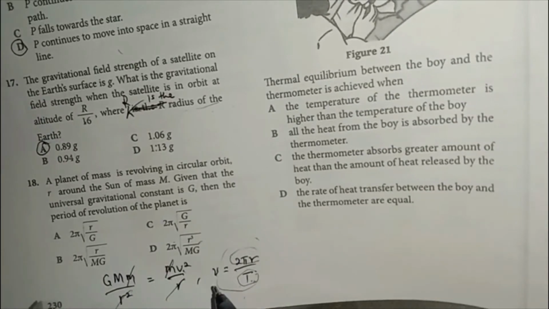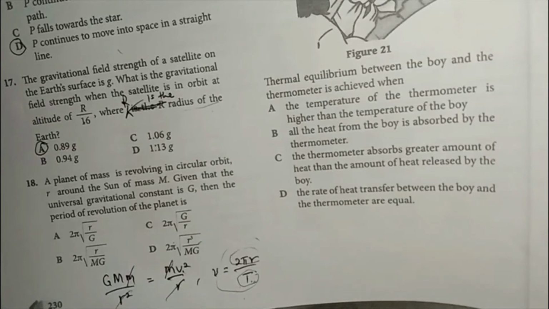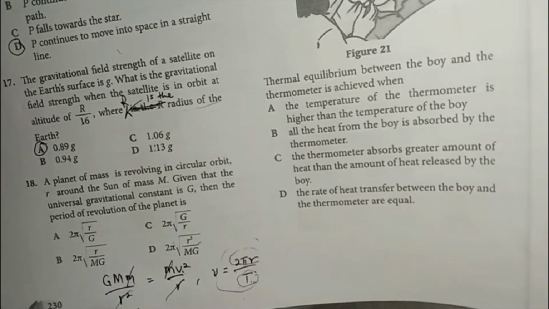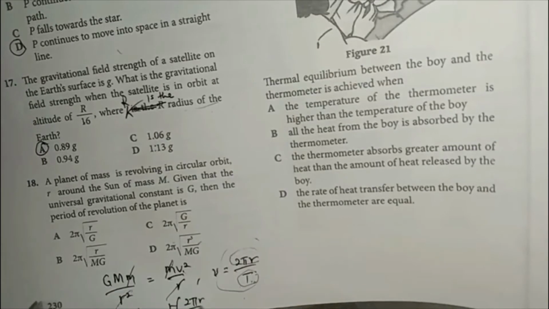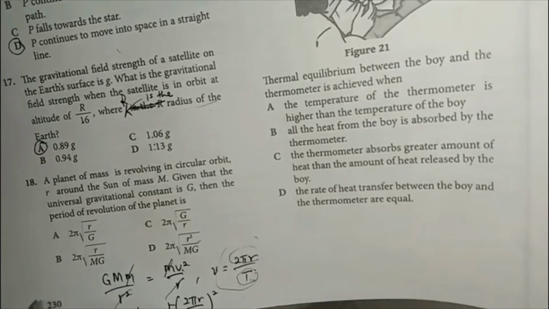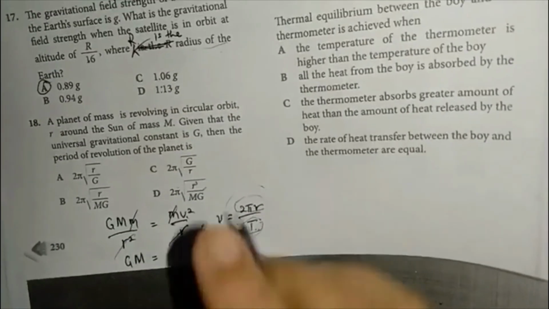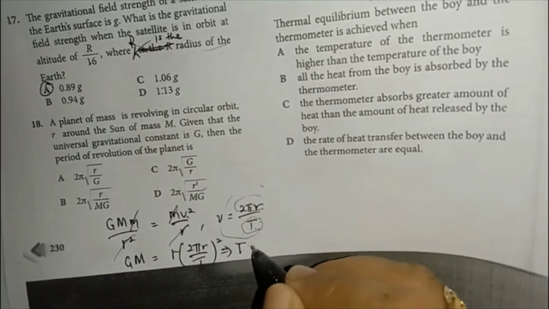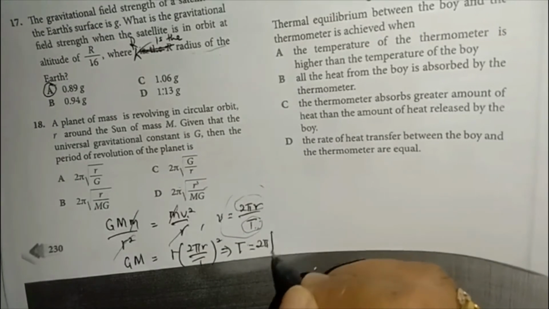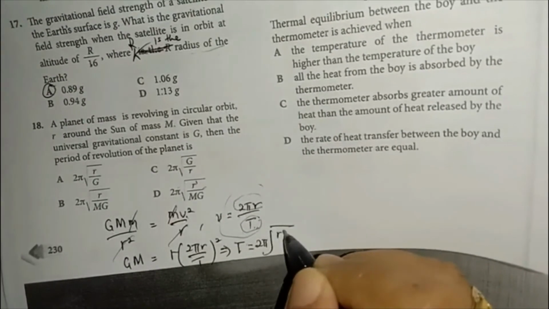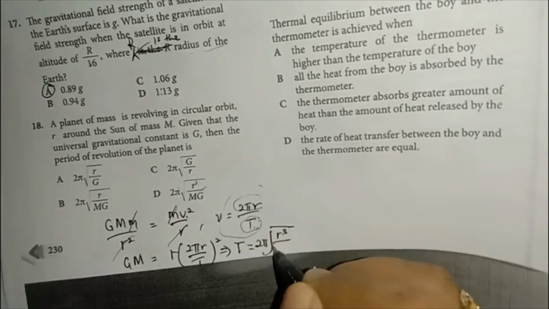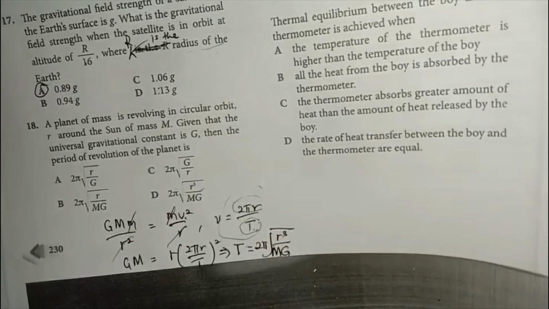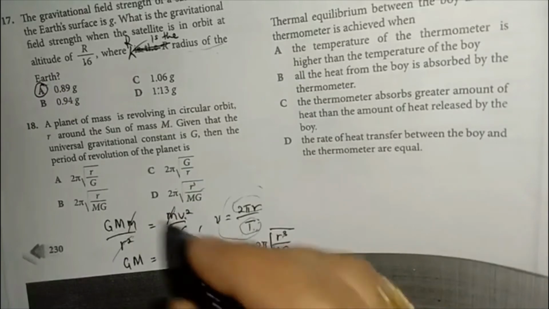So we get GM equals 2 pi r over T squared. Thus we can get T equals 2 pi r cubed over GM. You can try this yourself. So the answer will be D.